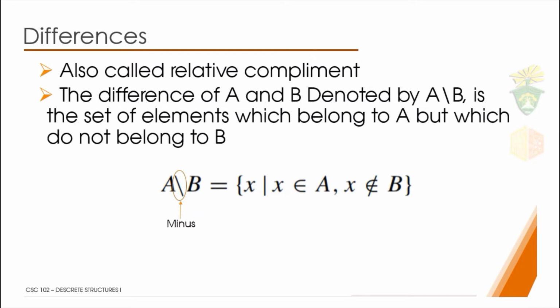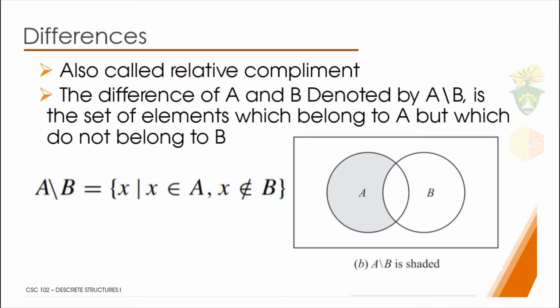The difference of A and B, denoted by A slash B, is the set of elements which belongs to A but which do not belong to B. So it's basically the difference, where we remove the elements found in B from A. Here we see that A minus B is equal to the set of X such that X is an element of A, but X is not an element of B.